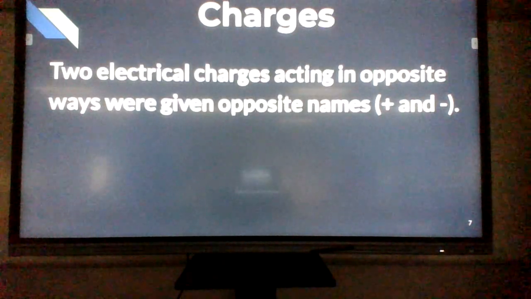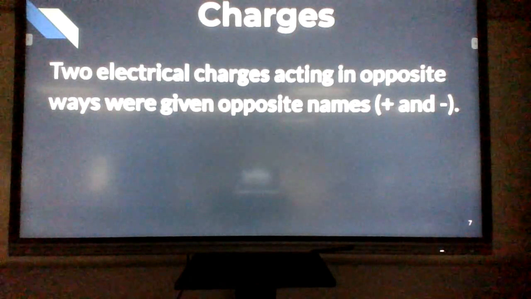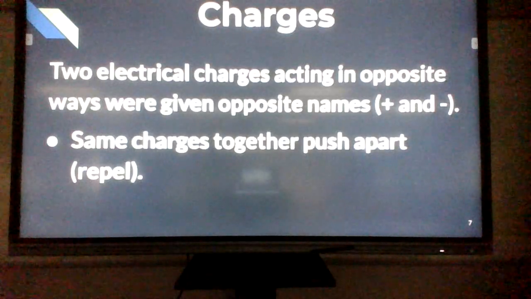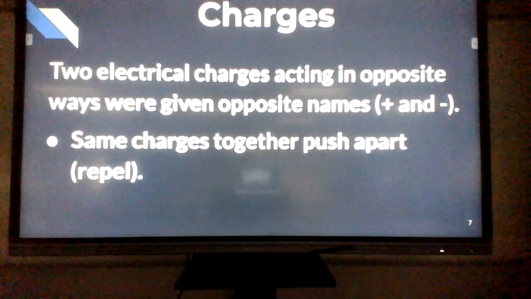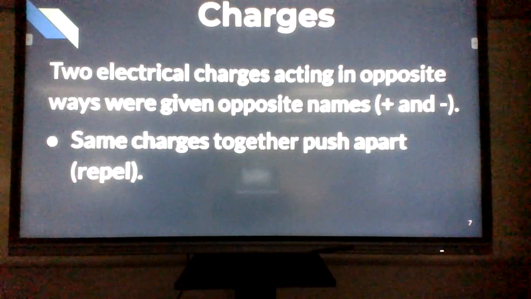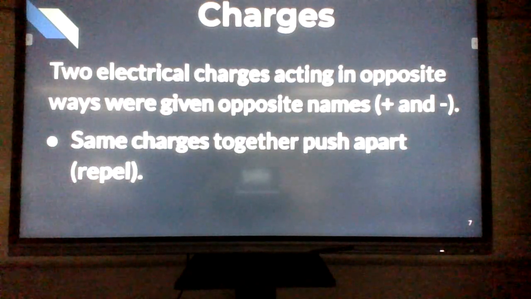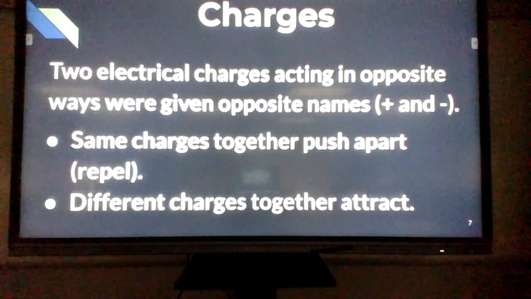One part will have the negative charge, and the third part has no charge at all. The same charges together have been proven to push each other apart. They will repel. And you hear the law of charges. Like charges repel, unlike charges attract. The different charges put together attract.